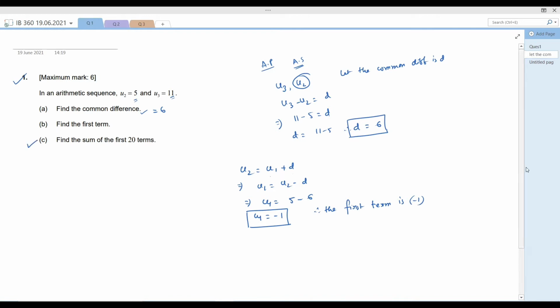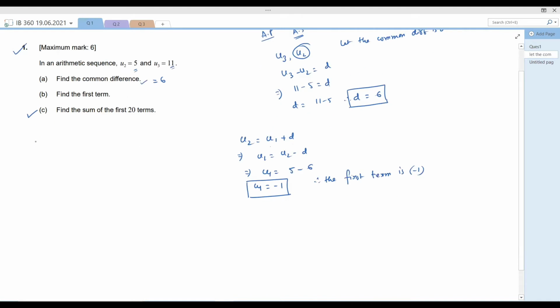Now the third question, find the sum of the first 20 terms. The formula for the sum till the nth term is Sn equals n by 2 into 2 u1 plus n minus 1 into d.